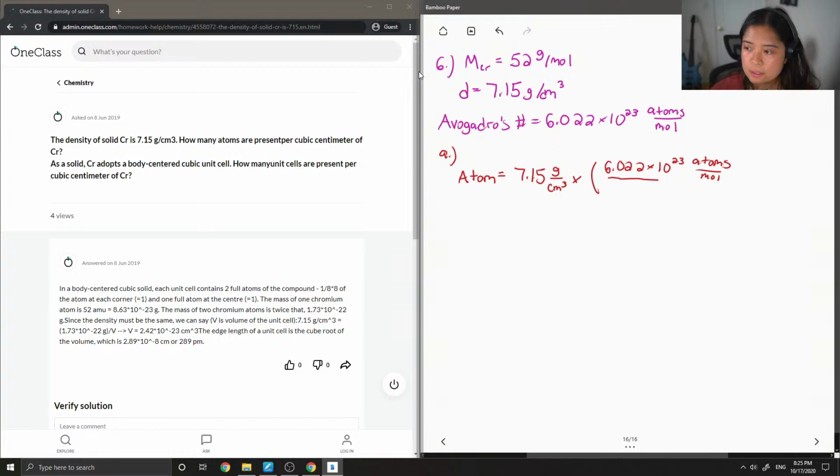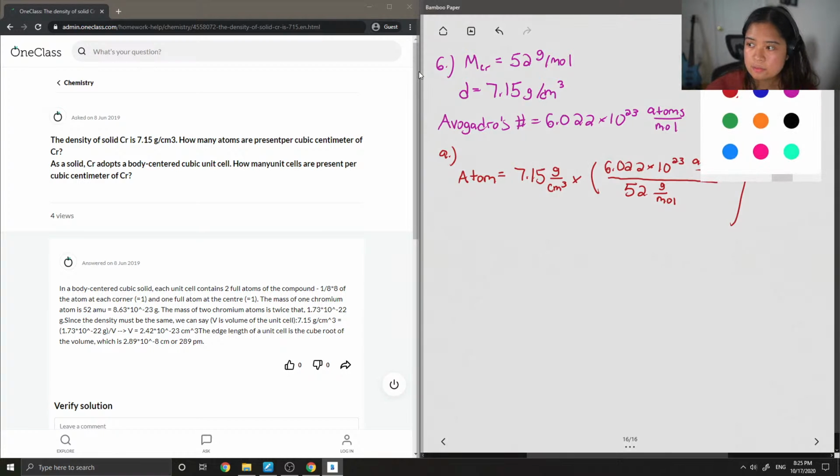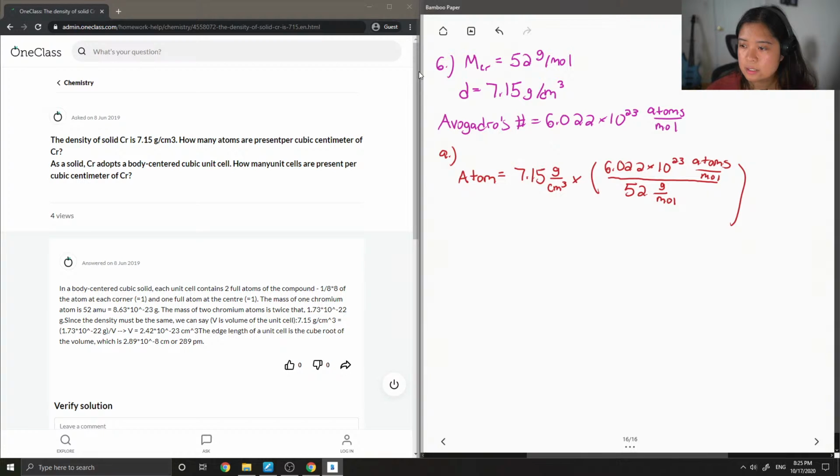And then that will be divided by the molar mass of chromium, so it was 52 grams per mole. If you pay attention to the units, they should all cancel out. Grams will cancel each other out. These moles will cancel each other out.